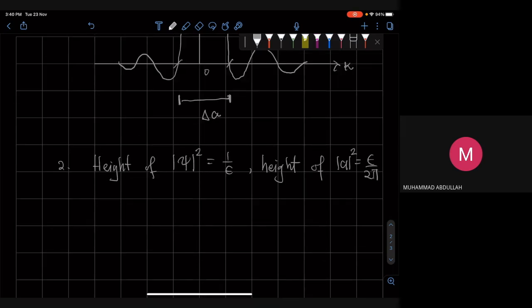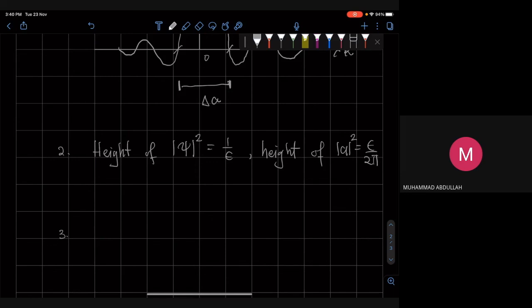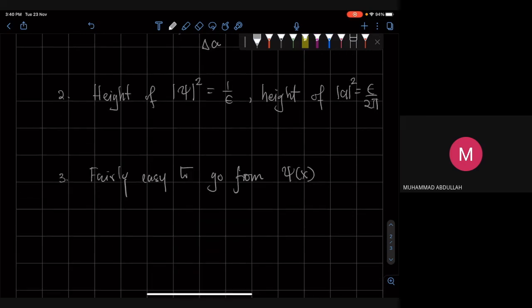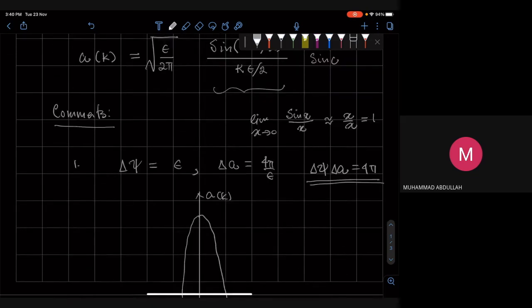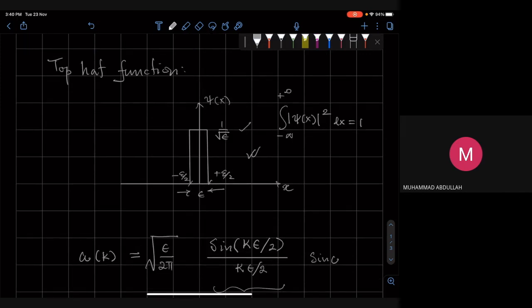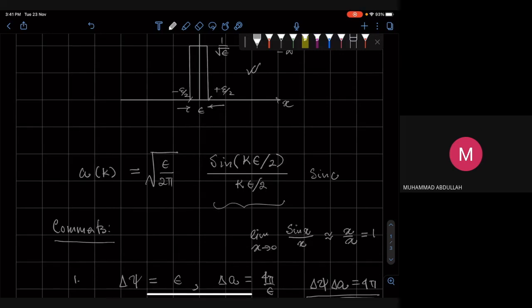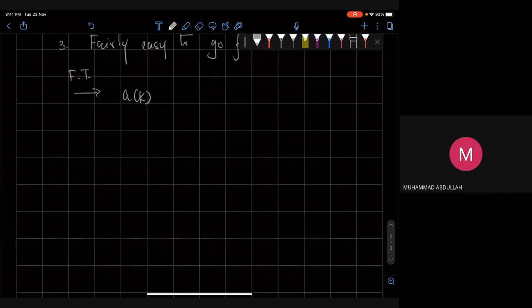Okay. Now, it was fairly easy to go from psi of x, the top hat function, to a of k, doing a Fourier transform, because this is just a constant function. So all we have to do is just integrate it between minus epsilon by 2 to plus epsilon by 2. And we found this function. But what about the other way?